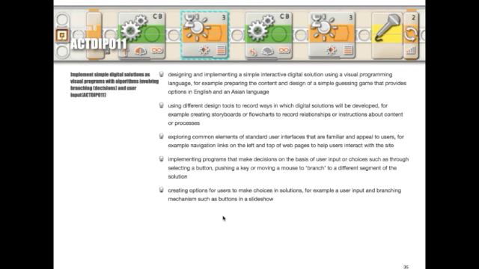Okay, so implementing simple digital solutions as visual programs with algorithms involving branching. Okay, here again we're talking about those branching decisions and implementing those. Here suggesting using some flowcharts or storyboards to show the processes involved, etc.